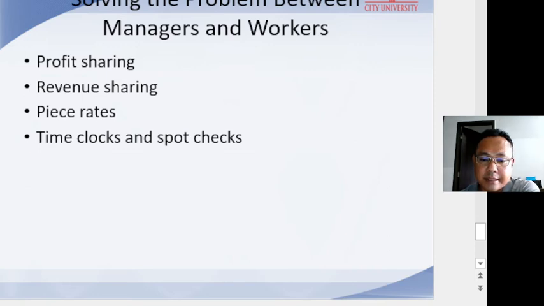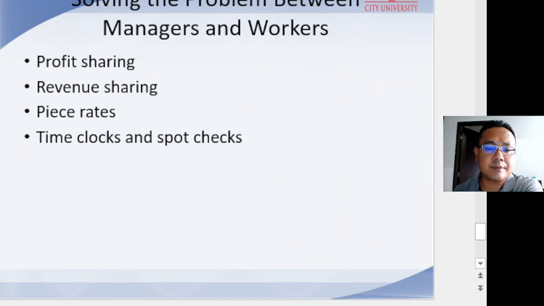This is some solution, as you can see from here: profit sharing, revenue sharing, piece rates, and time clock and spot check. One mechanism that the manager can use to enhance workers' effort is profit sharing, making the workers' compensation dependent on the underlying profitability of the firm.